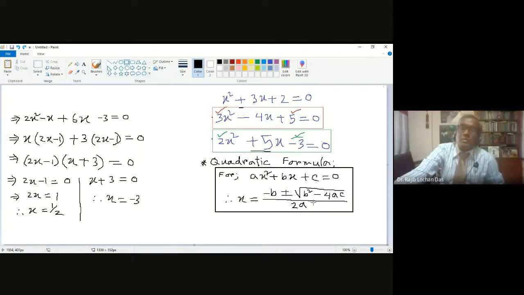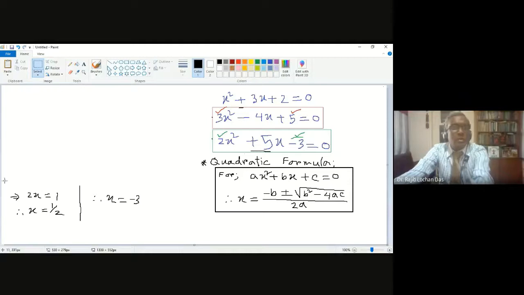No, this is not the formula. The formula is x equal to this, and it is for the equation ax square plus bx plus c. If you know that, you can apply the formula and find the answer. That will be very simple and easy, no problem at all. You have to understand what is your A, what is your B.